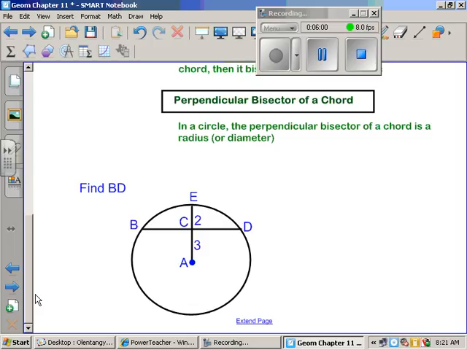So from BD to E is 2, and from C to A is 3. But what if I want to find BD? Actually, all I'd have to find is CD or CB, since it bisects it, and then multiply by 2. Exactly. It's our best friend: when all else fails, make a right triangle.